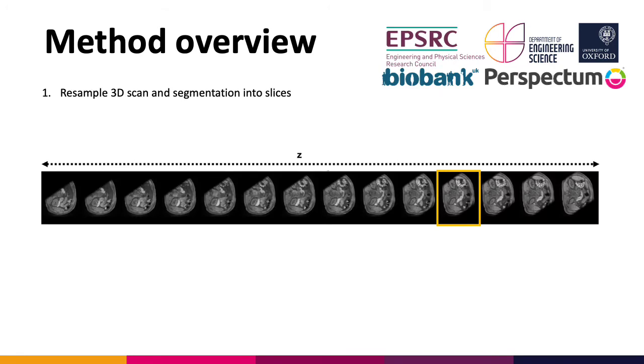For the alignment in the Z direction, the volumetric scan and its segmentation are first resampled into slices along the Z direction. Because the T1 slices are oblique and the volumetric scan had limited coverage, we sometimes experience missing data at the extrema. We will come back to these in the discussion.